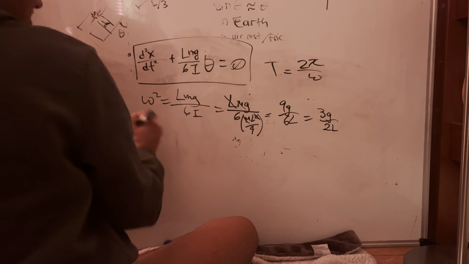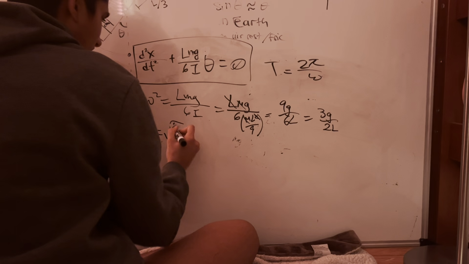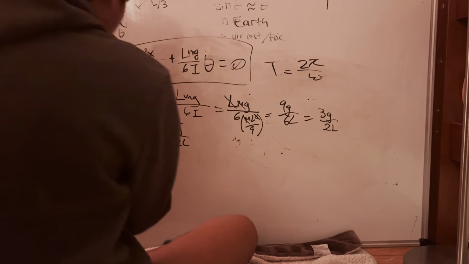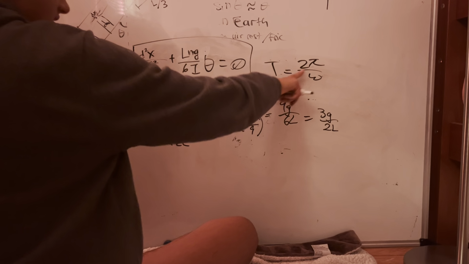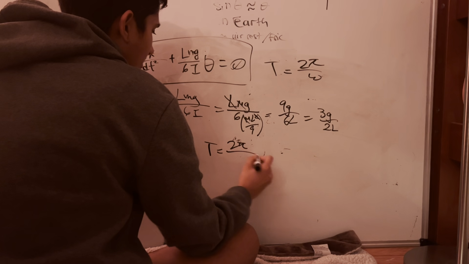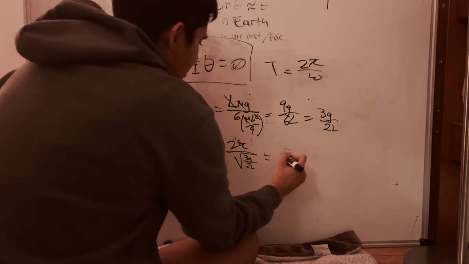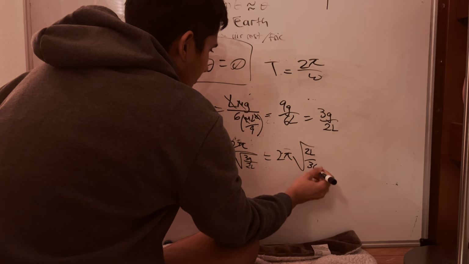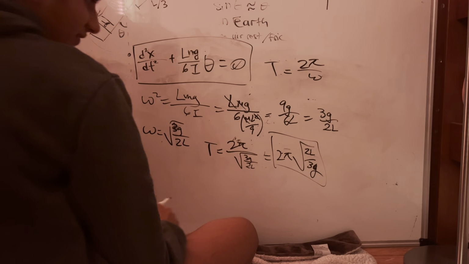This is equal to omega squared, which means omega is equal to the square root of 3g over 2L. What we want to find is the period, though. T is equal to 2 pi over omega. So T is equal to 2 pi divided by the square root of 3g over 2L, which is simply 2 pi square root of 2L over 3g, which is exactly what we want to find.